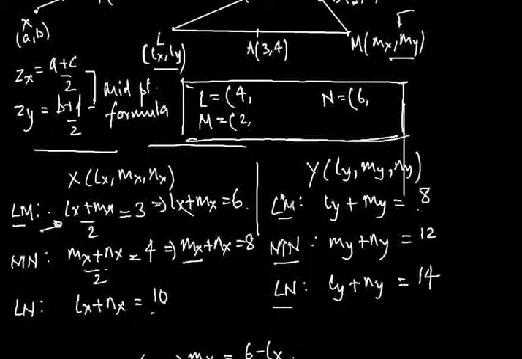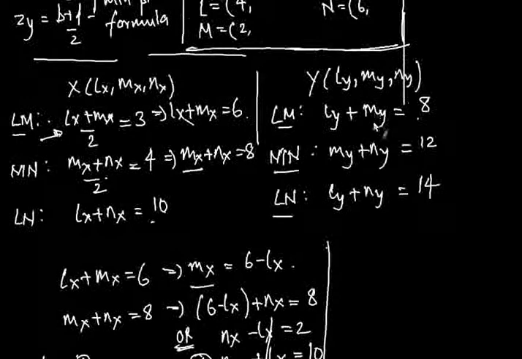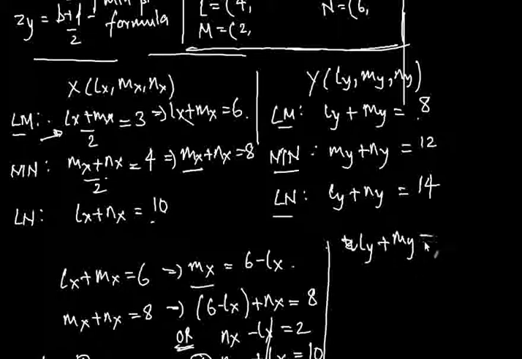And the great thing is, for y coordinates we have to do just the same thing. So we have to just do a lot of algebra. Let's do the same thing for y. So what do we have? The first equation is Ly plus my is equal to 8, which implies my is equal to 8 minus Ly.